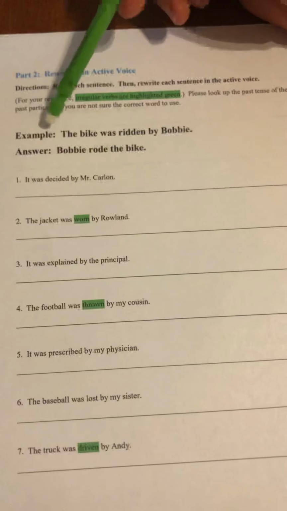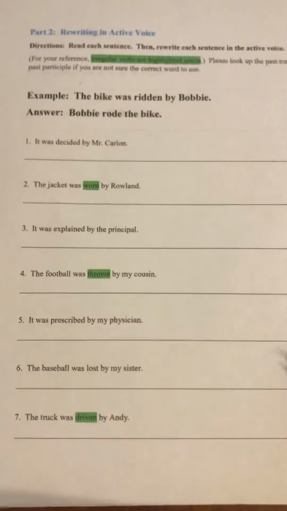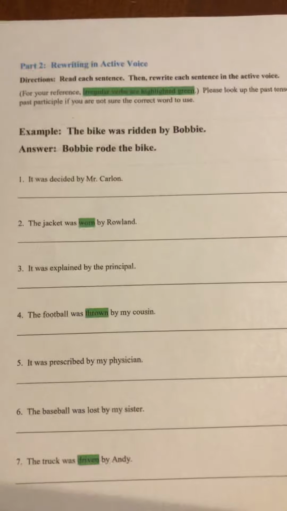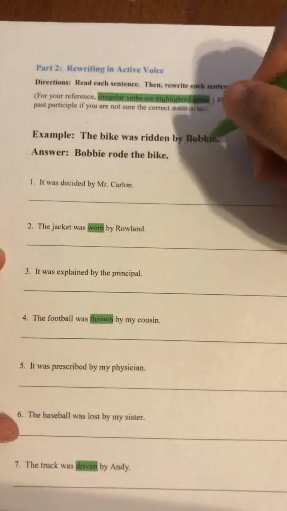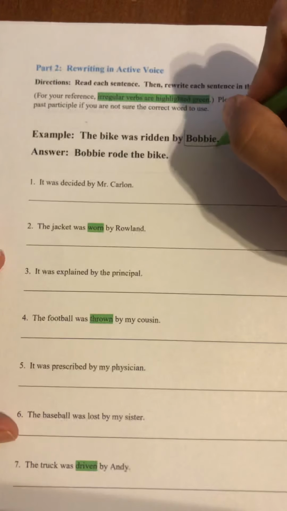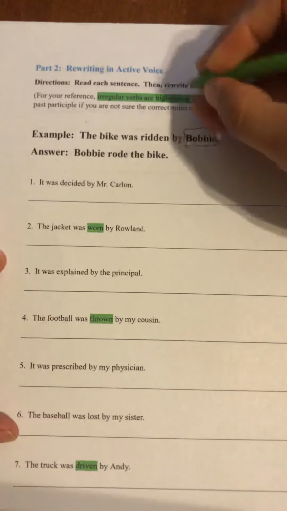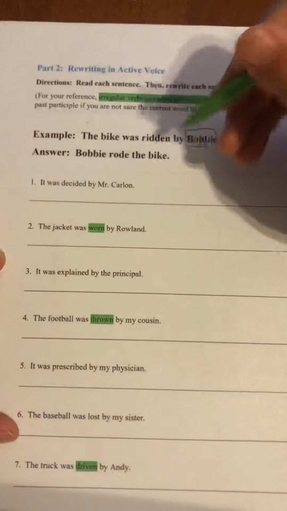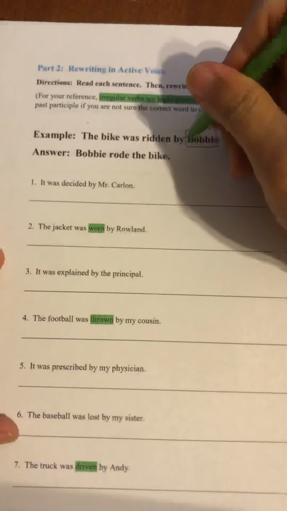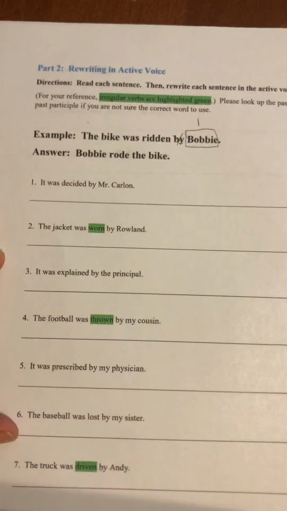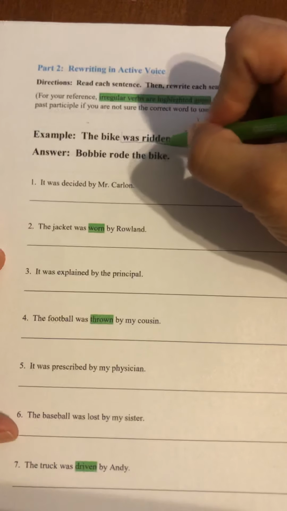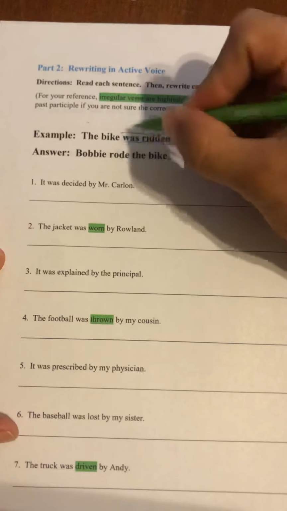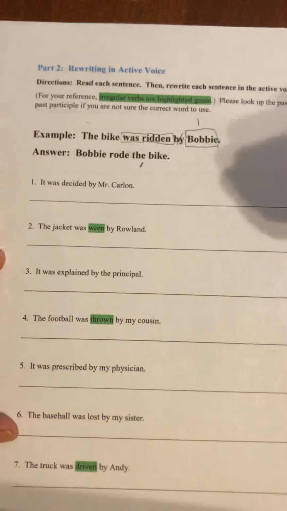So in our example here, it says, the bike was ridden by Bobby. So in this case, Bobby is my subject, okay? So what I'm gonna do first is I'm just gonna put a little box around it. So I know that's my subject. I'm gonna put number 1. I'm gonna cross out the word by, and I'm going to cross out, this is my verb phrase, but I'm gonna cross out was.